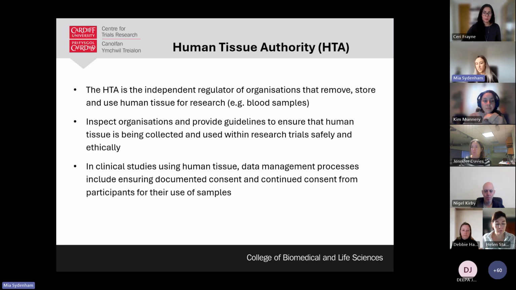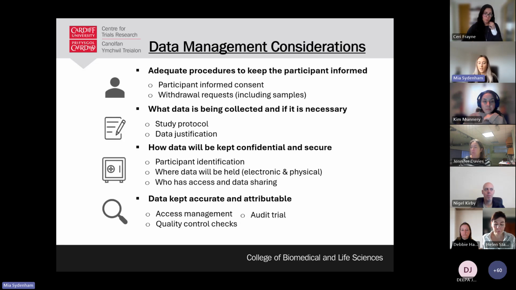Data management processes here mainly involve ensuring we have full documented consent and continued consent from the research participants for the use of the samples they provide for the study. So those are some of the frameworks we need to follow to ensure high quality data management, and also that we're conducting research legally and ethically.